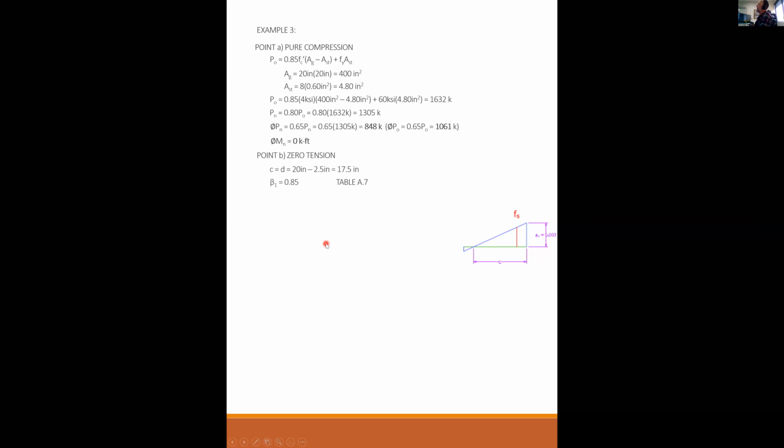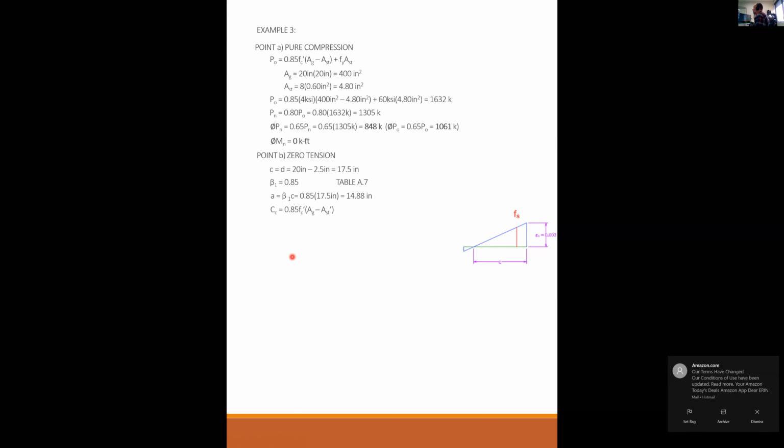Beta 1 is 0.85. I can look to table 8.7 for 4,000 psi concrete and get beta 1. a is equal to beta 1 times c, or 0.85 times 17.5 inches, 14.88 inches.